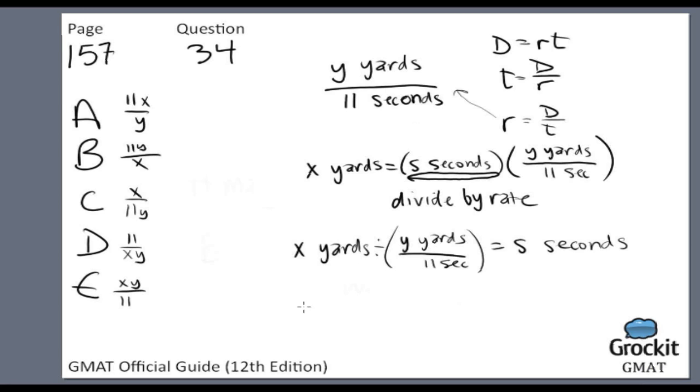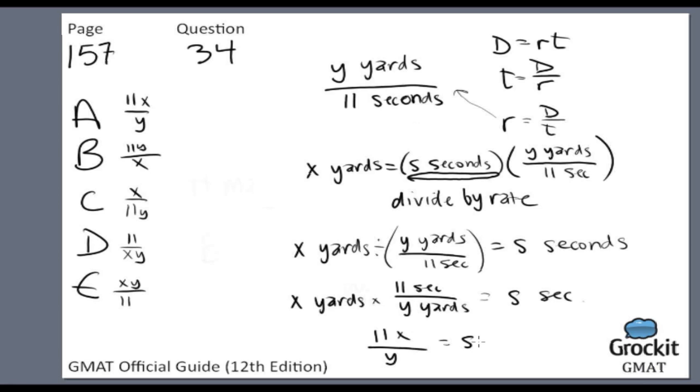So this is the same thing as then multiplying X yards times 11 seconds over Y yards equals. So then that ends up being 11x over y equals the seconds.